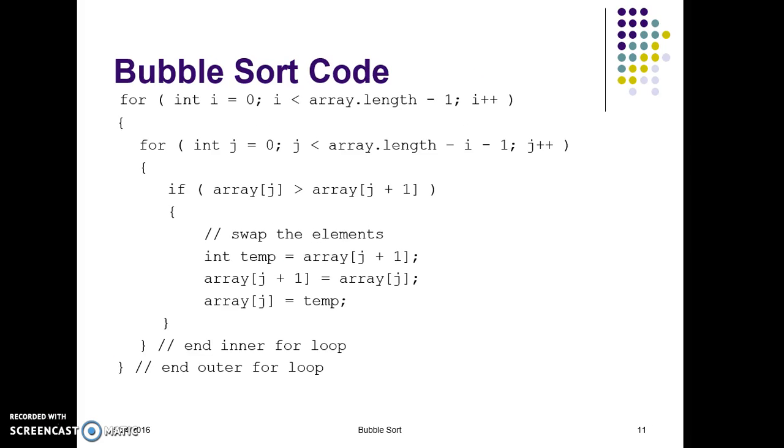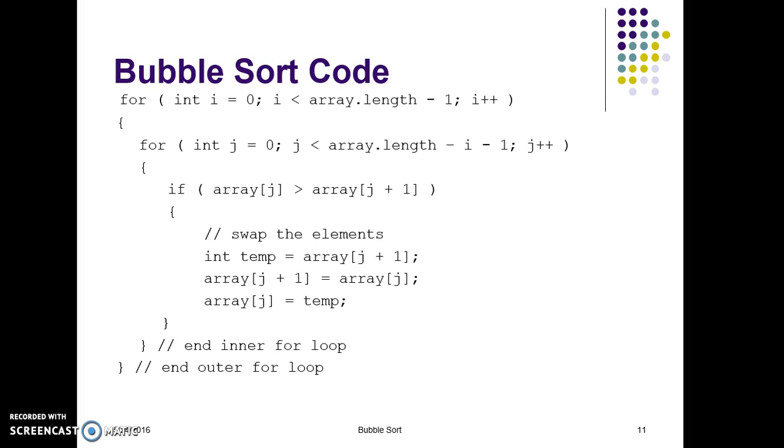So here is the Java code for bubble sort. In the outer loop, I initialize integer i equal to 0, and find the length using array.length, then minus 1. In the inner loop, the condition is array.length minus i minus 1. Then I compare the two consecutive elements, array of j and array of j plus 1.